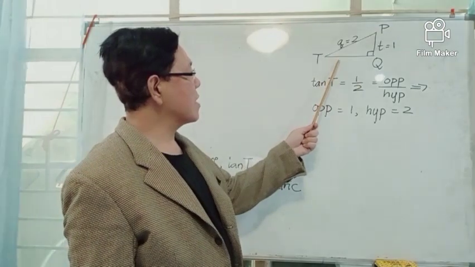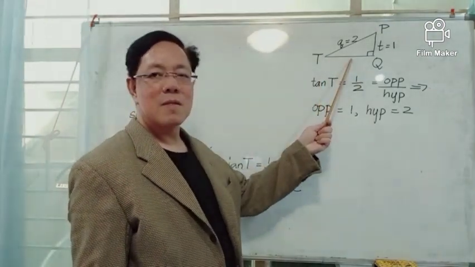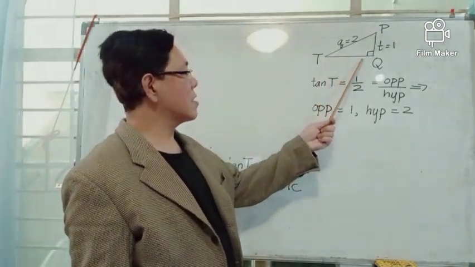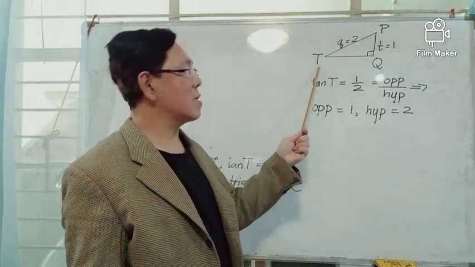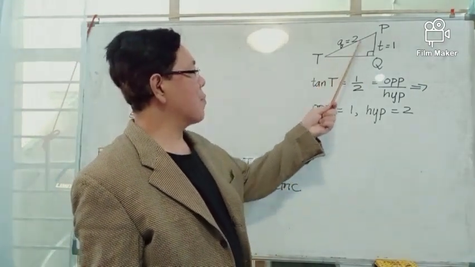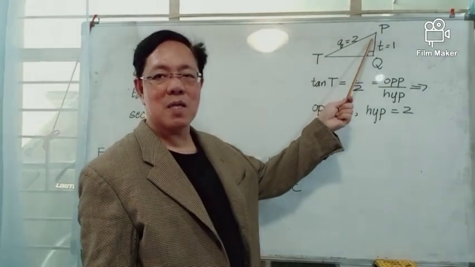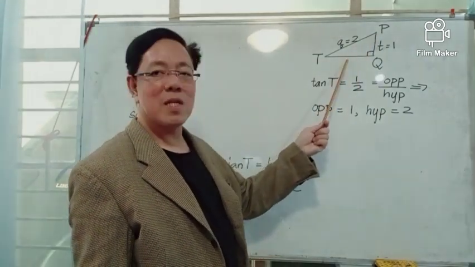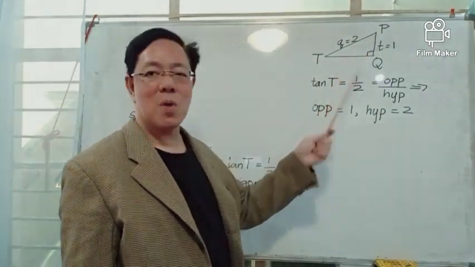And we want to find the side adjacent to acute angle T, which is also the side opposite the acute angle P. Thus, we denote this side by small letter p.